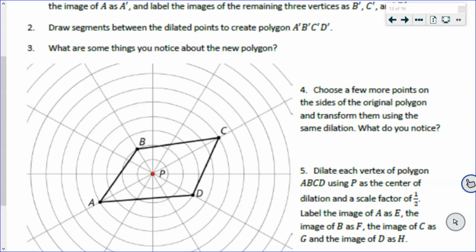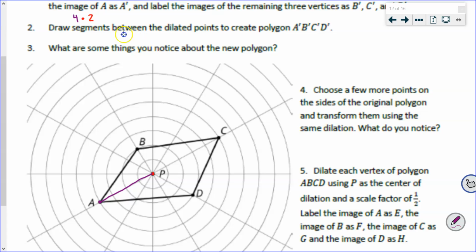So let's start here with A. Notice how far away A is from P. We can count the radius or the units. There would be 1, 2, 3, and 4. So A is 4 away from P. I'm going to write that down. But with the scale factor of 2, that means I'm going to multiply the 4 by 2.